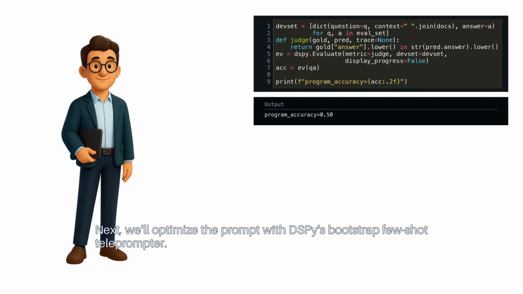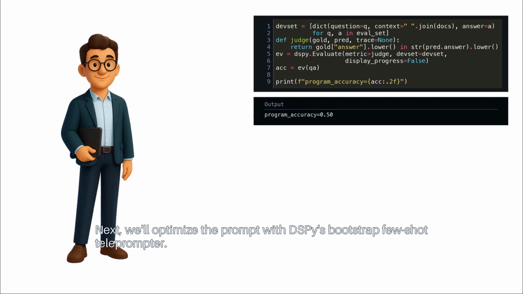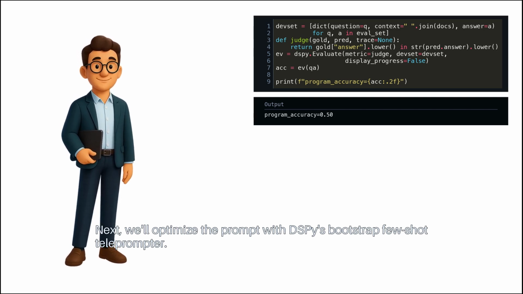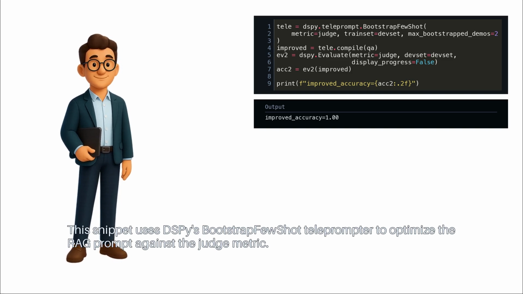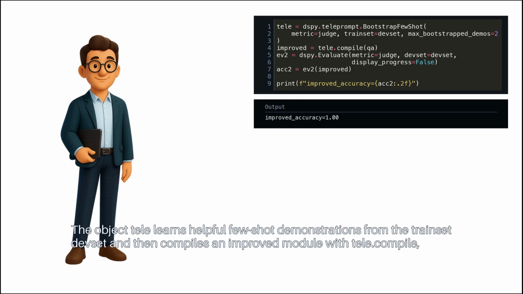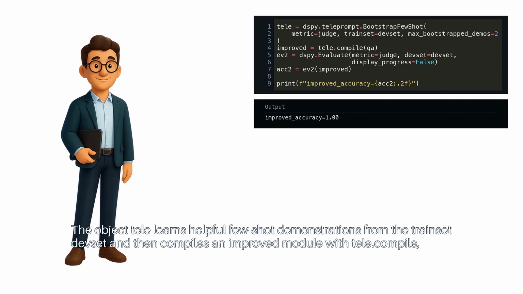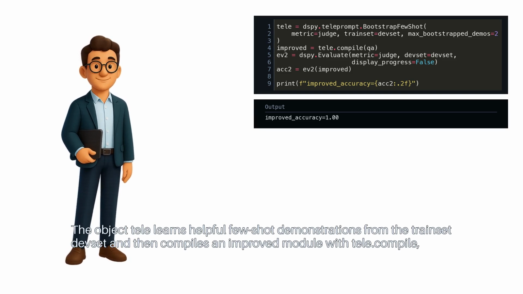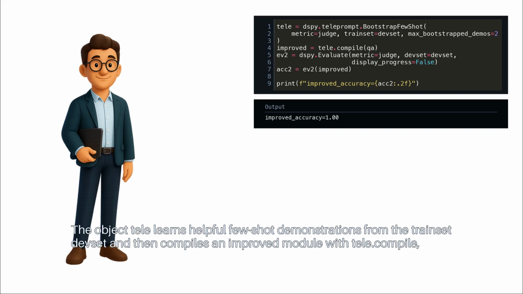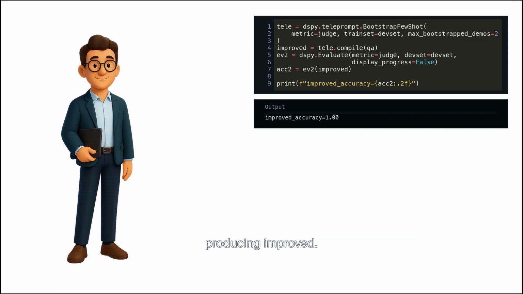Next, we'll optimize the prompt with DSPy's BootstrapFewShot teleprompter. This snippet uses DSPy's BootstrapFewShot teleprompter to optimize the RAG prompt against the judge metric. The object tele learns helpful few-shot demonstrations from the trainset, dev set, and then compiles an improved module with tele.compile, producing improved.